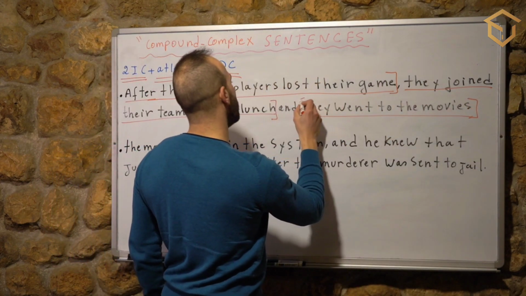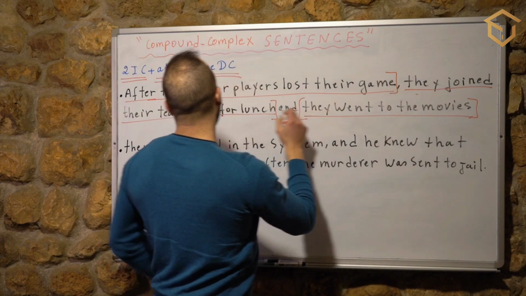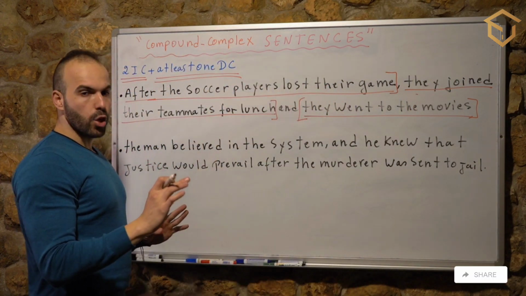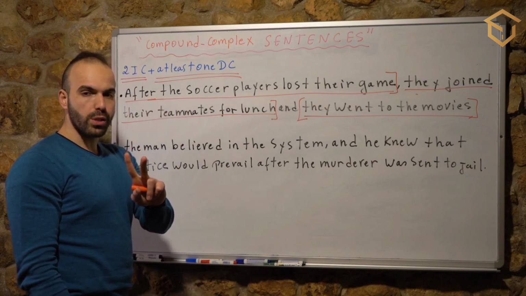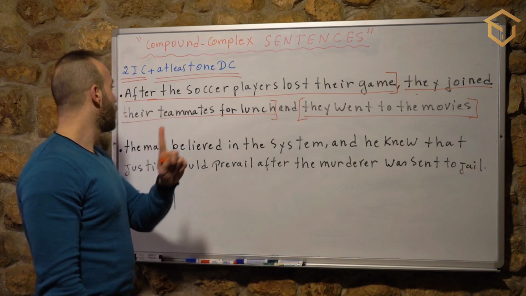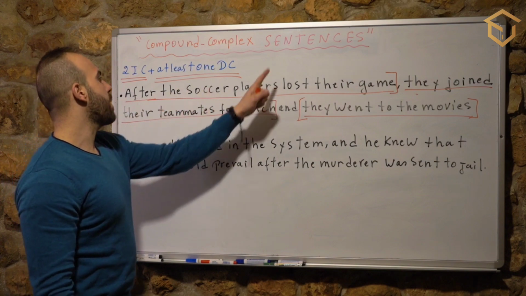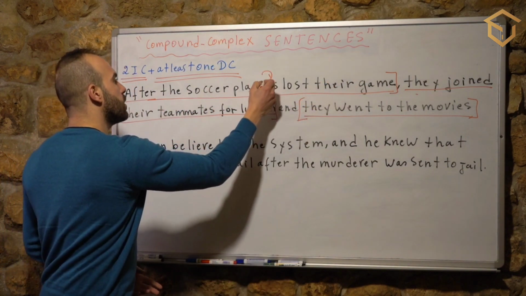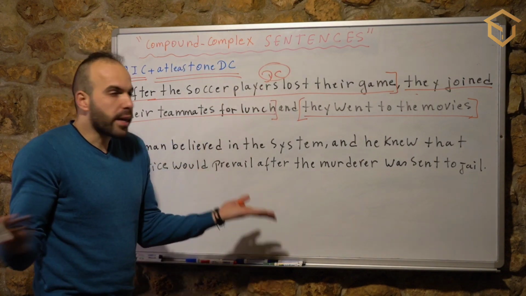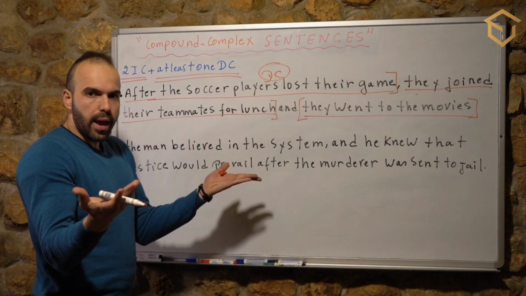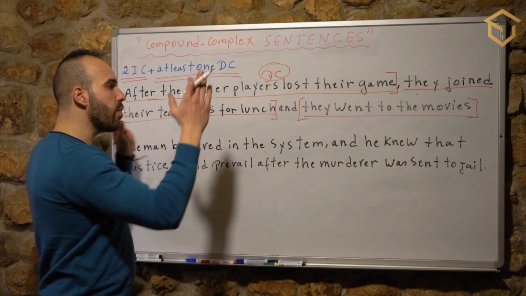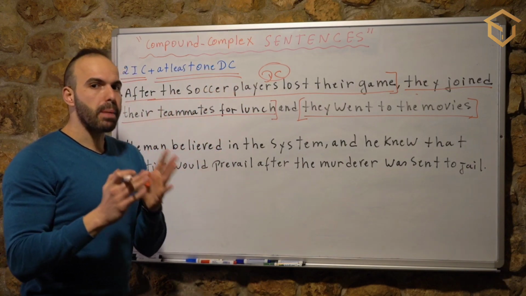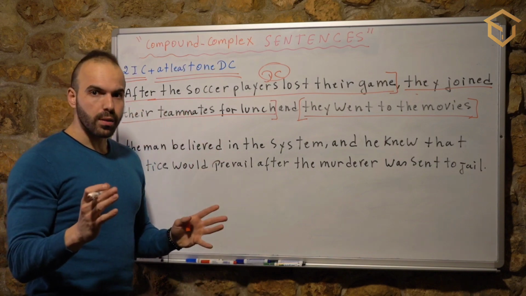So as you can see, if we separate these three clauses, you will notice that we have two independent clauses and one dependent clause. After the soccer players lost their game, that's definitely a dependent clause because it can't stand alone. If you read this sentence, it's incomplete. It doesn't express a complete thought.